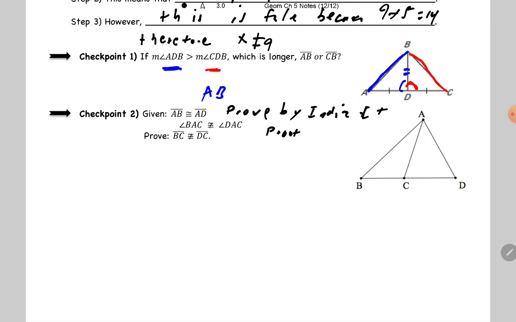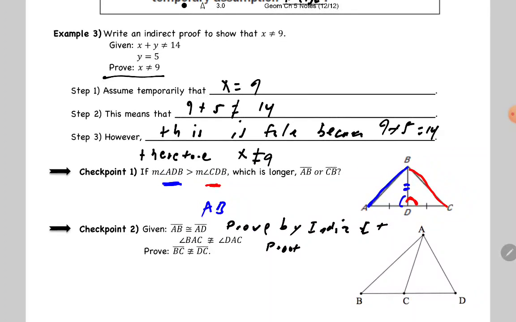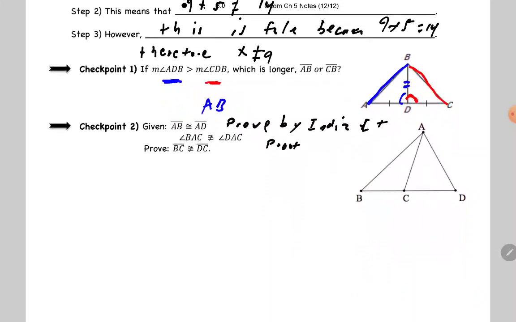You don't write statement and reason. You don't have to write out the given or anything like that. You just start off by what we wrote here in example 3. So assume BC is congruent to DC.